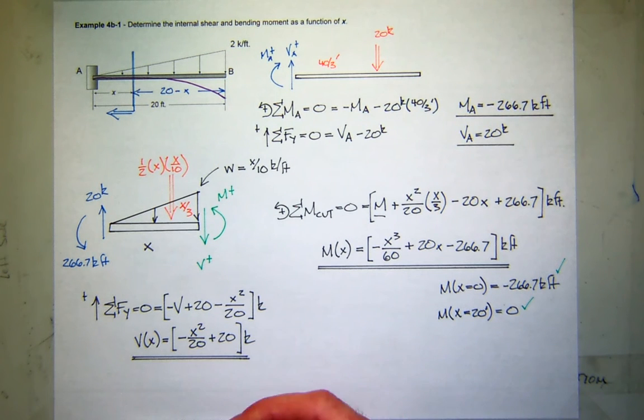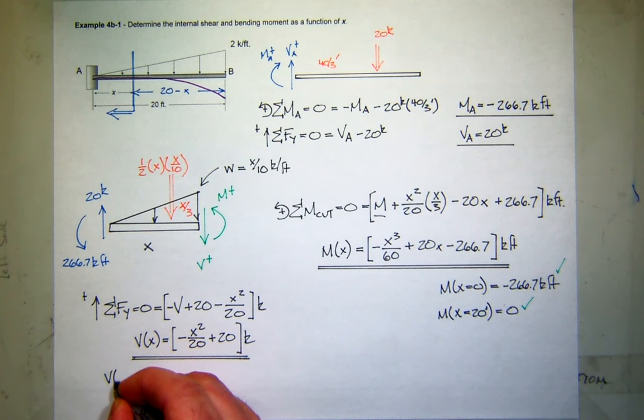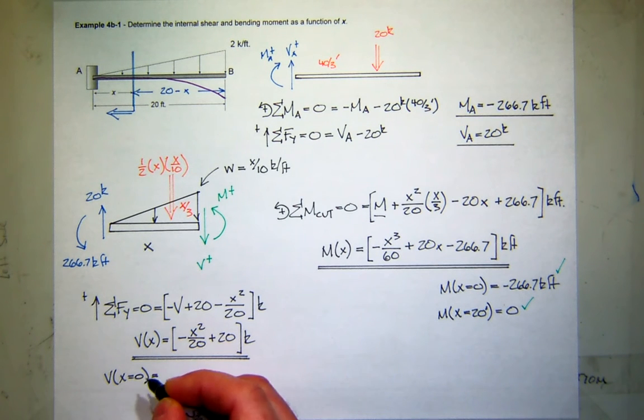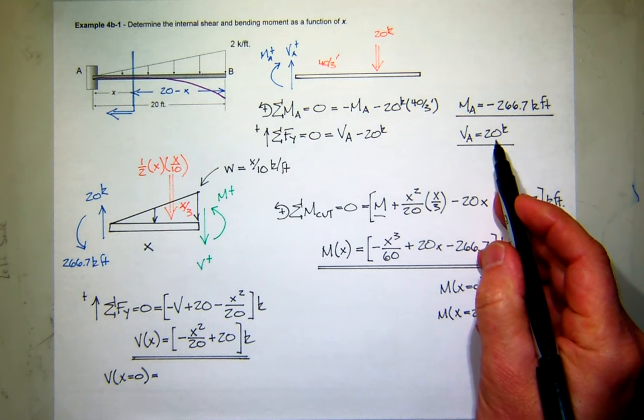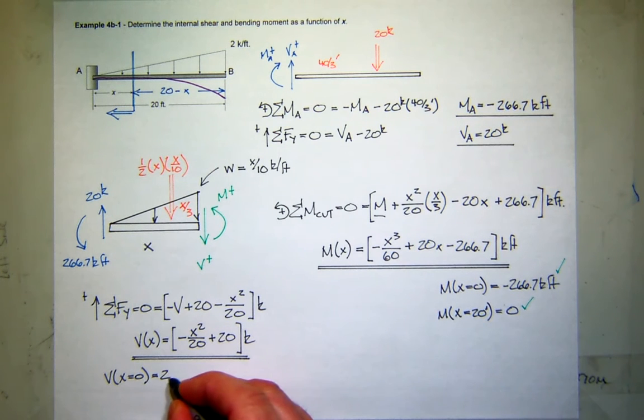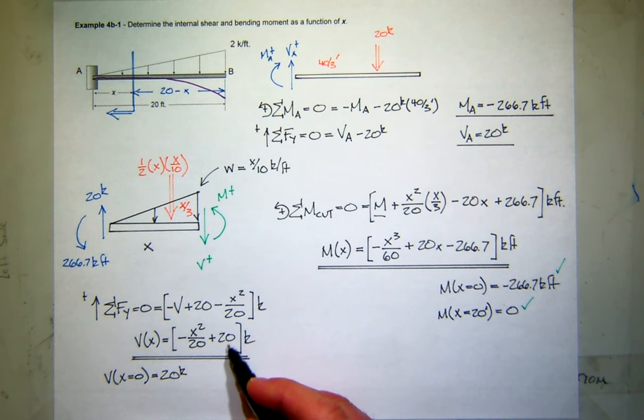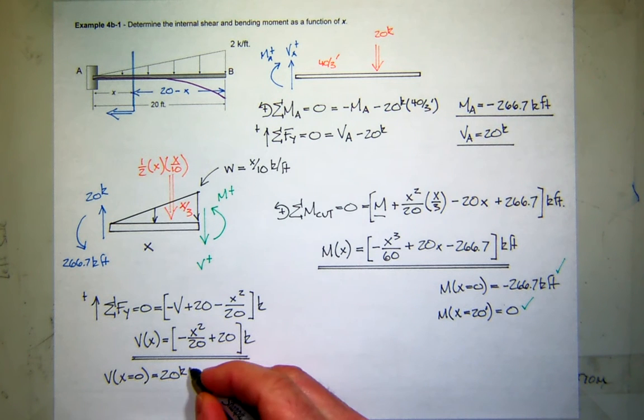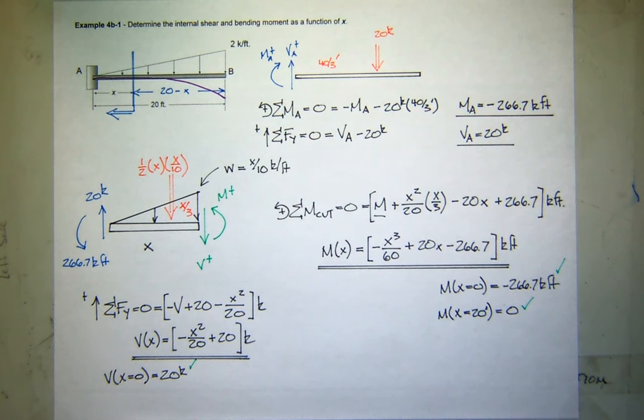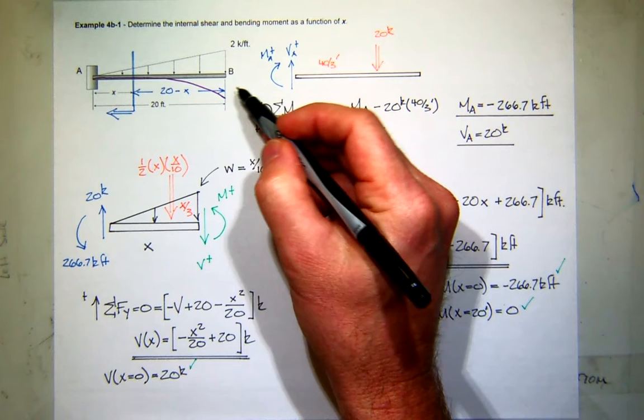The answer is yes. What is the shear at A, which is x equals 0? We solved for it, right? 20. Does my equation give me that when you plug in x equals 0? It does. Do I know the shear at the free end?